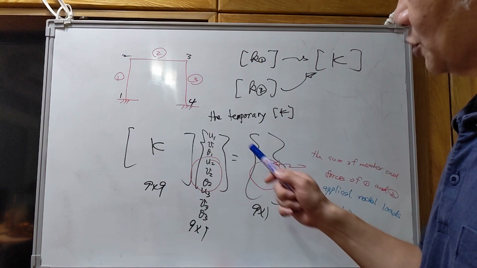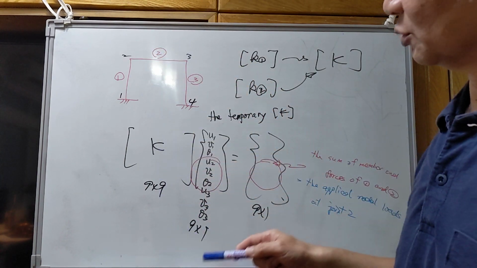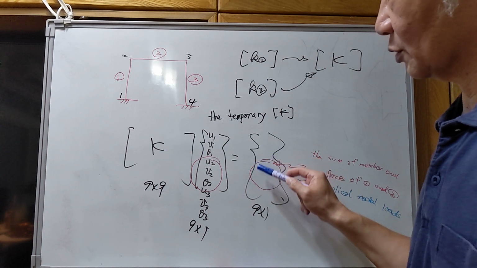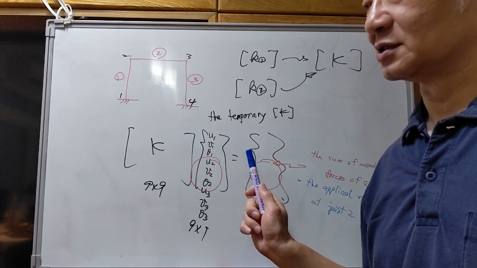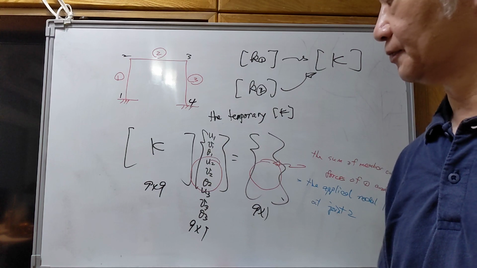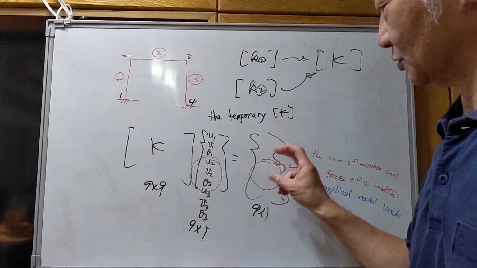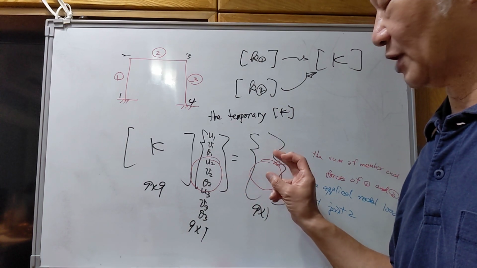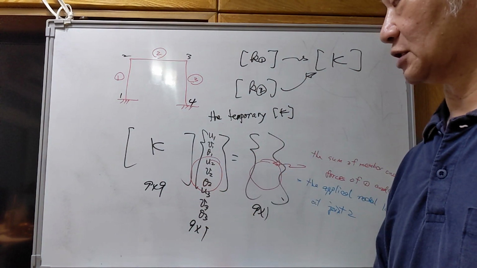Okay, so if we assemble element 1 and element 2, then we know the right hand side elements for these 3 degrees of freedom. So you can say we have 3 static conditions.